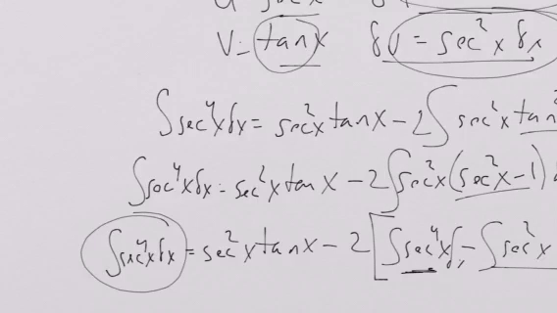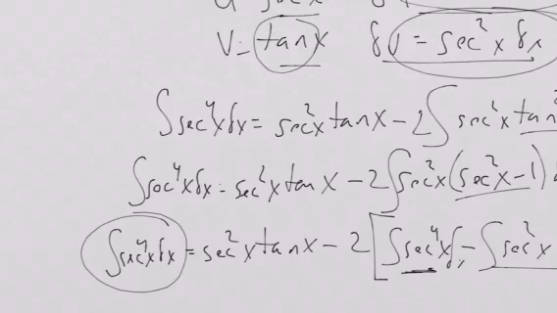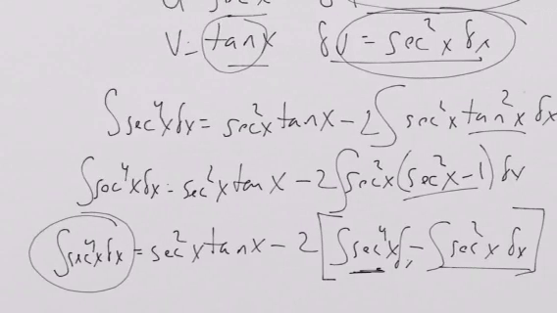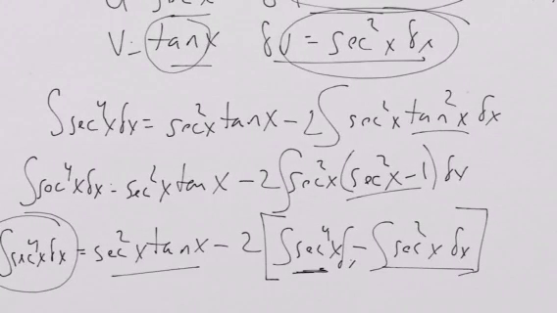So I believe we would have 3 of them. 3 secant to the 4th x. And that would be equal to secant squared tan x. Again, we added 2 of these to the other side. So I actually have a plus, the minus 2 times this one would give me a plus 2.